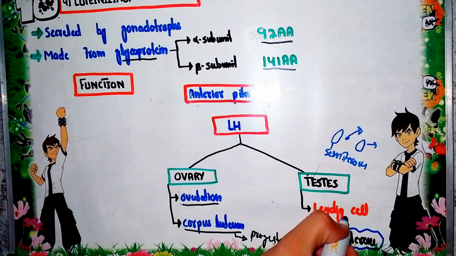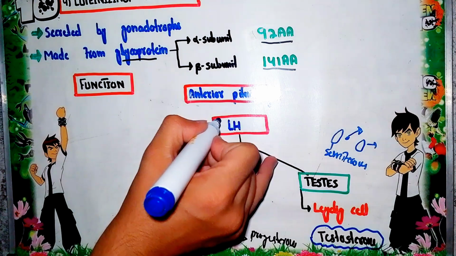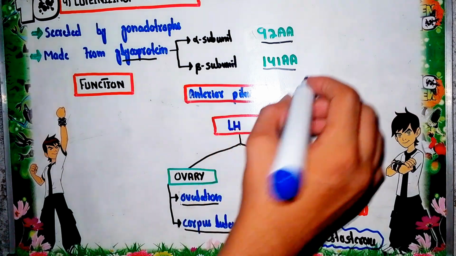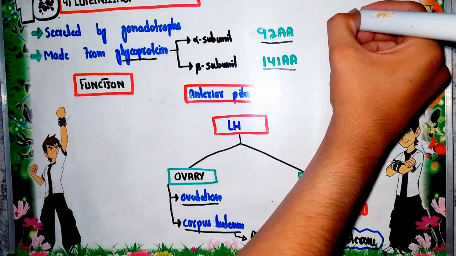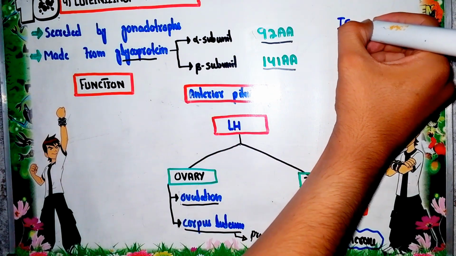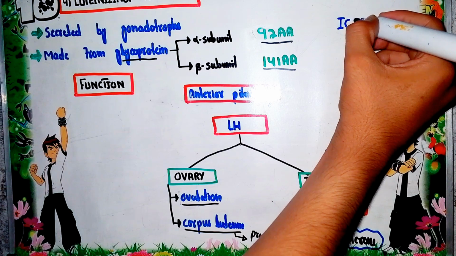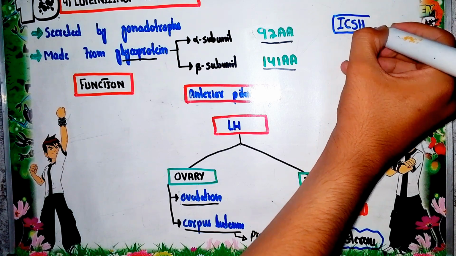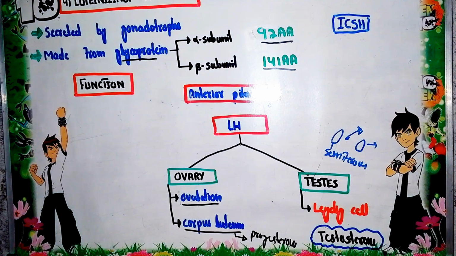Now when this Leydig cell is stimulated by the luteinizing hormone, it will cause the secretion of testosterone. That's why luteinizing hormone is also called interstitial cell stimulating hormone, because of its action on the interstitial cells. So this is the luteinizing hormone.